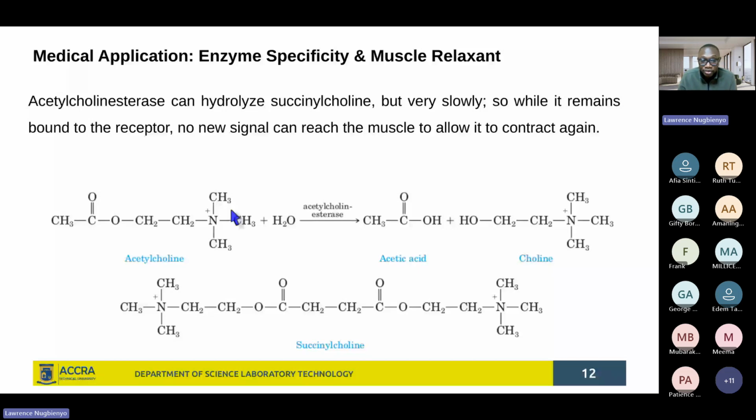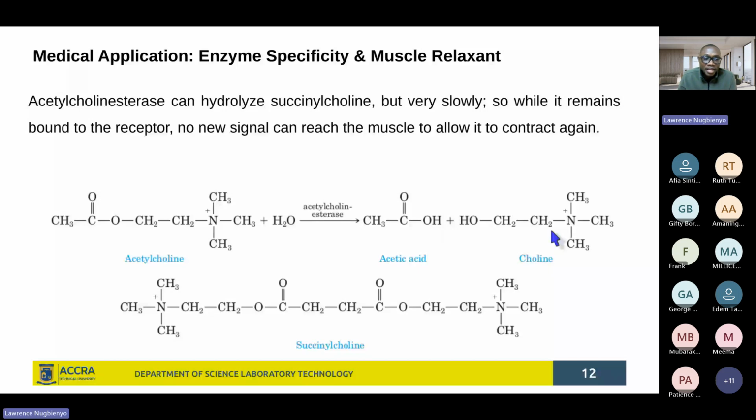So when we go to hydrolases, I think the example we looked at was acetylcholine esterase, and it was breaking down acetylcholine into acetic acid and choline.